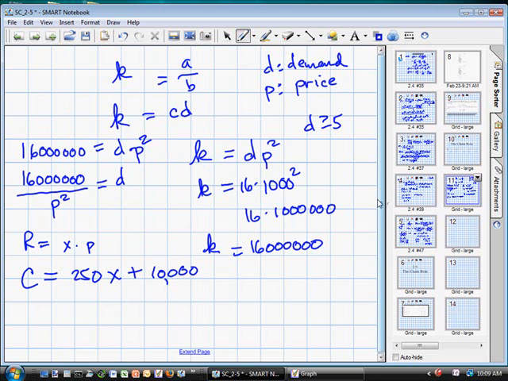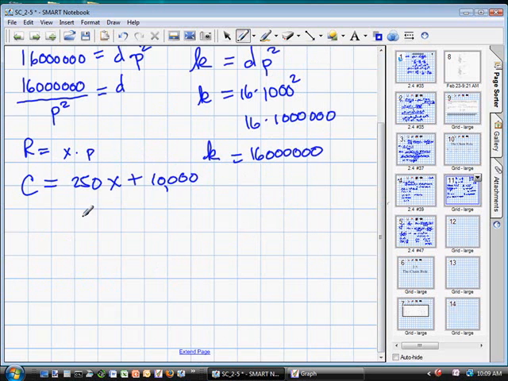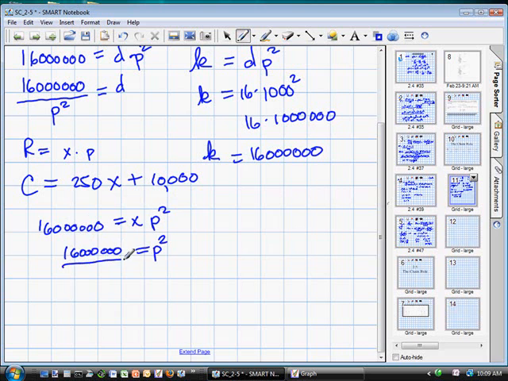Trying to think of the easiest way to do this, I'll just go below here. Okay, so if we take this 16 million equals X times P squared, and solve for P, now multiply by X to get the demand.